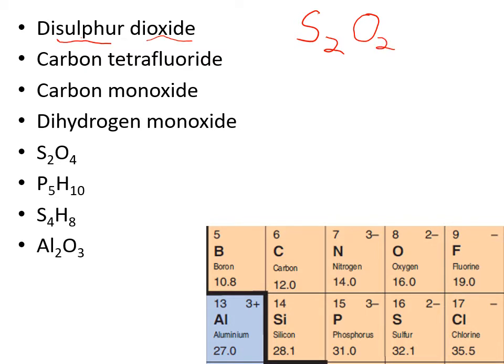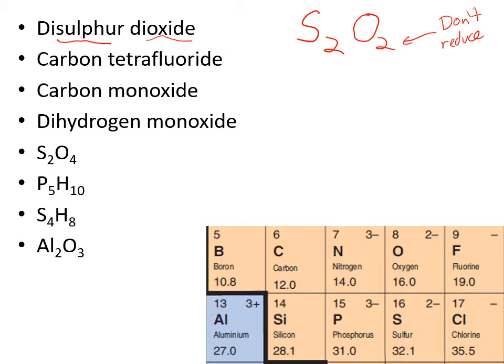The final formula is S2O2. Back in ionic naming, you would reduce that down to SO, but this is not ionic, so do not reduce these numbers. Just keep it the same, S2O2.